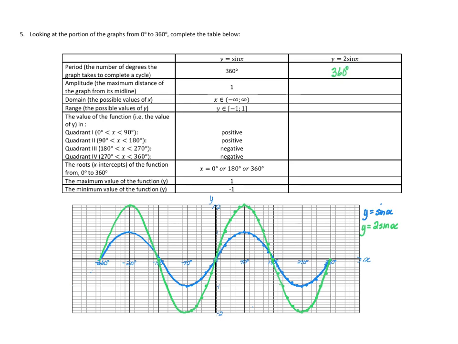The amplitude of y equal to sine x was 1. That is the distance from the midline to the turning point. Distance from midline to turning point is 1. And in the case of y equal to 2 sine x, there's a distance of 2.